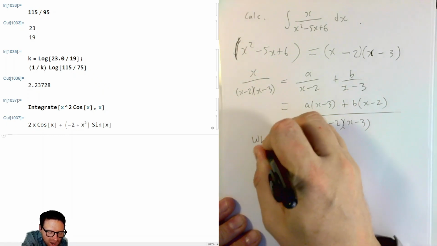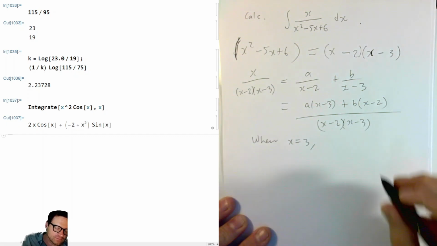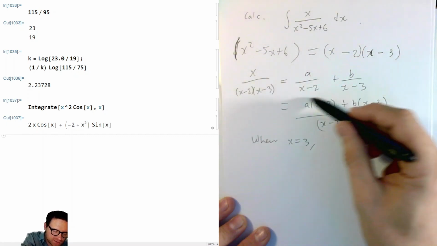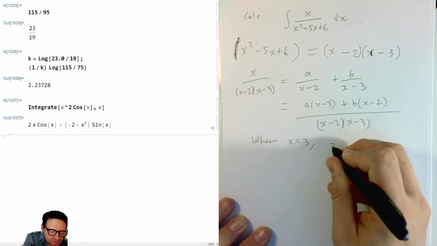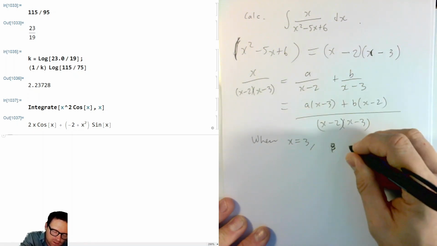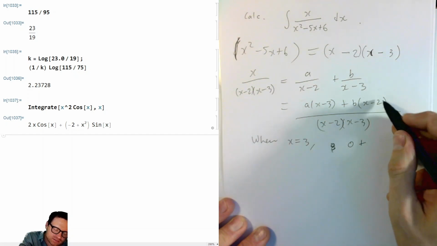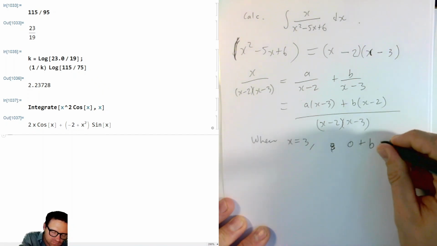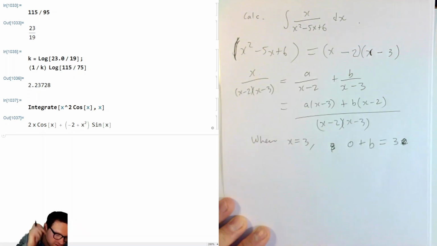And so we say when x is equal to 3, because we want that numerator to be equal to x, or 1 times x, we have this vanishing, and we choose this so that that vanishes. So we have 0 plus 1 times b, or b, is equal to 3, because I've subbed in 3 for the x.